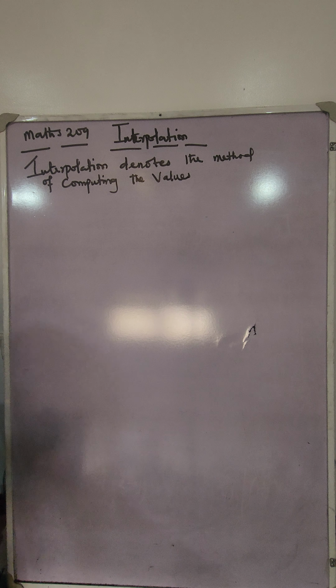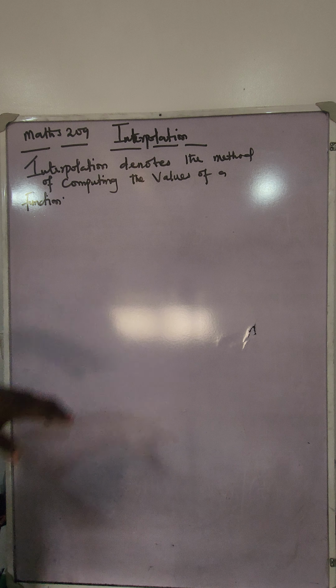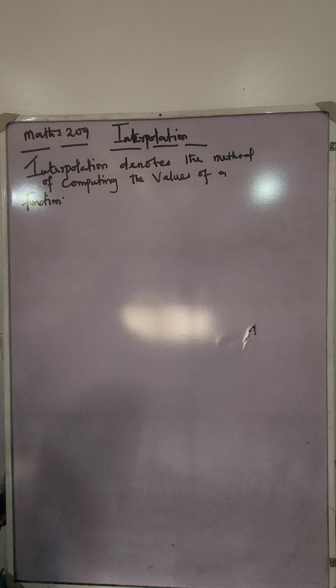That is basically it. So when we say we want to interpolate, you are simply saying what is the method you can use to compute the value of a function.